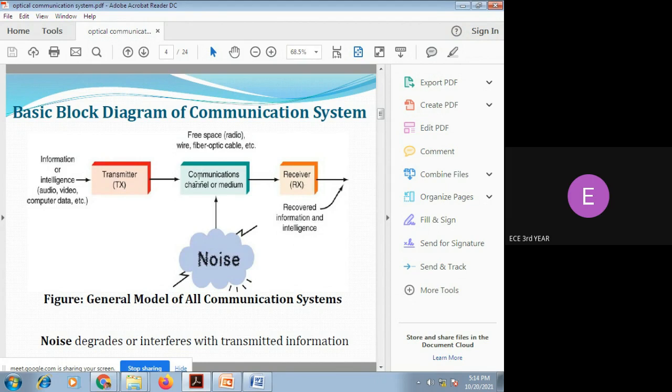This is the basic block diagram of a communication system and the communication process. Normally, the transmitter transmits the signal. The channel is a medium for communicating the signals from transmitter to receiver. In the channel, noise signal is additionally added.